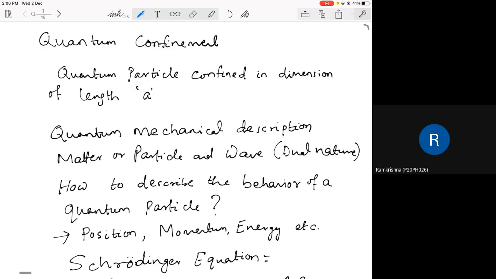When we are talking about electrons, they can behave as a particle as well as a wave. So they have a dual nature, and typically you describe the wave nature by its wavelength, defined by the de Broglie wavelength.